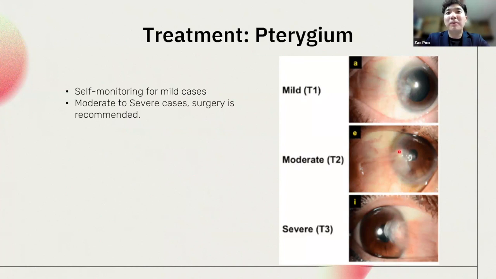Once you see people having this whitish part attached to the eye, it's best to have an eye check done to see whether it's affecting the vision, because pulling on the cornea may cause vision changes as well. In severe cases where the pterygium has reached the pupil, which is the black hole in our eye, and it causes some vision blockage, you will definitely have to do surgery. We will refer you to the eye doctor to have the surgery done.